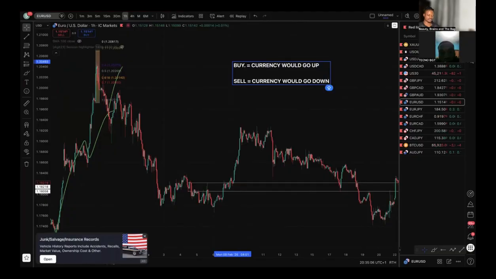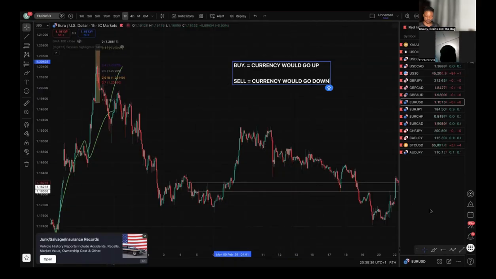If I predict that the currency will go up and it goes up, I'll make money. If I predict that the currency will go down and it goes down, I'll also make money. I'm going to lose money if I predict it's going up and it goes down, or if I predict it's going down and it goes up. So in Forex, you're predicting the direction.